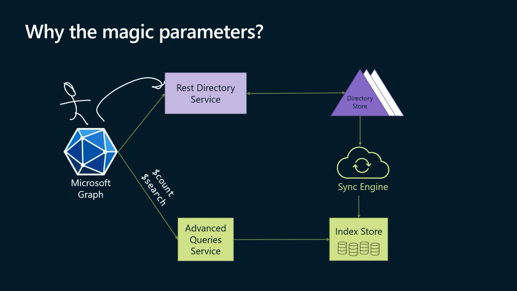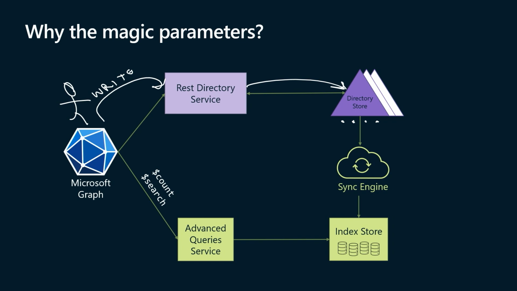But let's see what happens when we do a write. This change will get sent to the directory store, and the REST directory service immediately acknowledges the write. But at the same time, REST directory store is a highly distributed store with replicas across the globe.